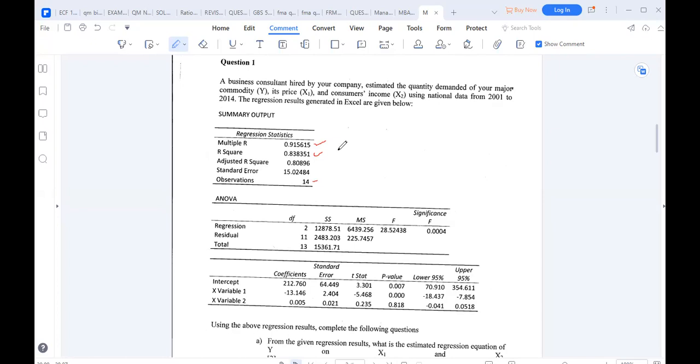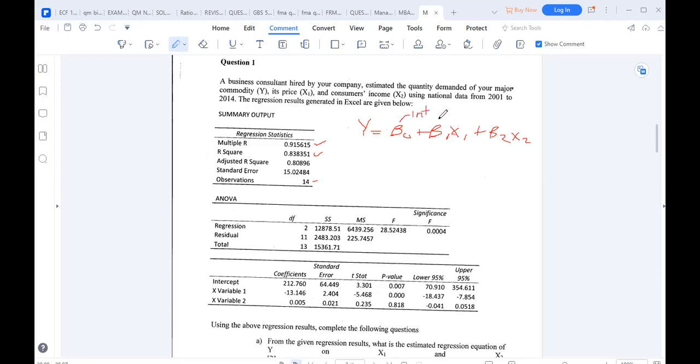So the regression equation, like I said, if you have two variables, is given by what? B0 plus B1 X1 plus B2 X2. In this case, this is called the y-intercept, which is a constant.